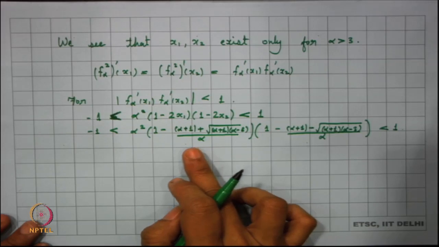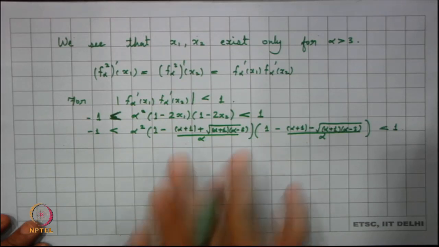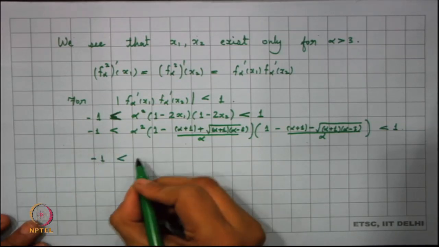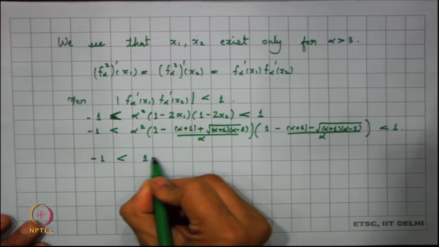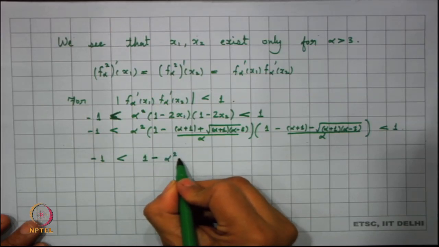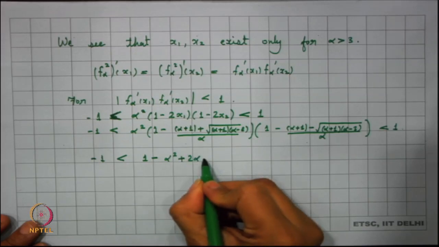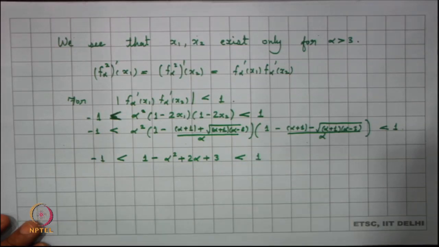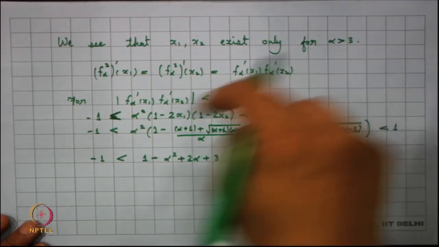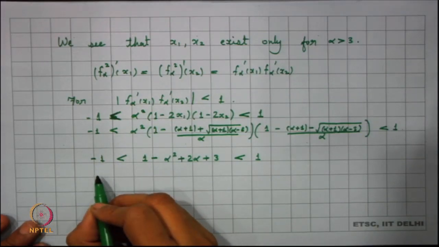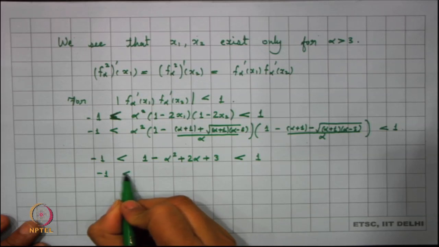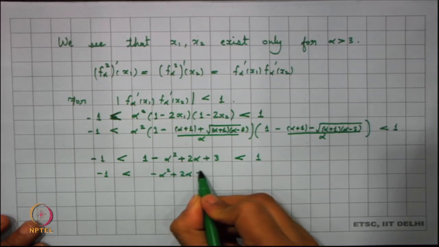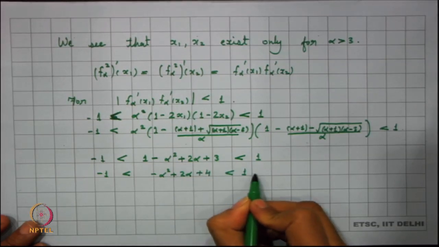This turns out to be minus 1, right, and then I am multiplying these two factors, right. So, just simplifying this factor, I get that this is less than 1 minus alpha square plus 2 alpha plus 3, and I want this to be less than 1. Again simplifying this once again, what you get here is that minus 1 should be less than minus alpha square plus 2 alpha plus 4, and that is less than 1.